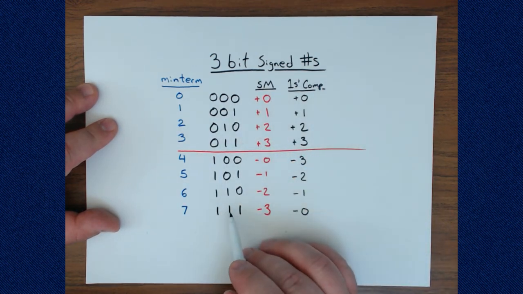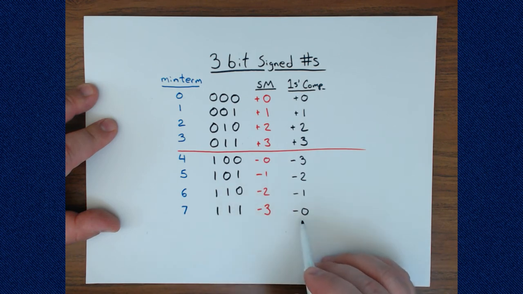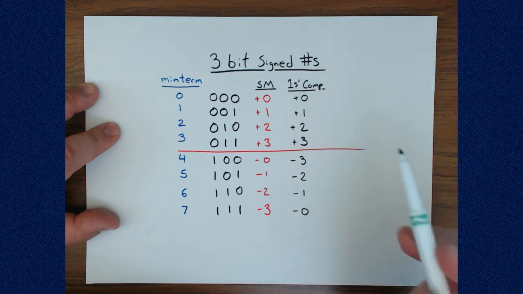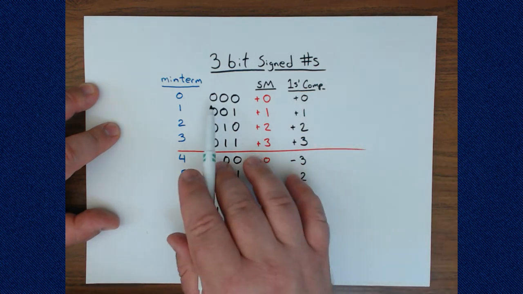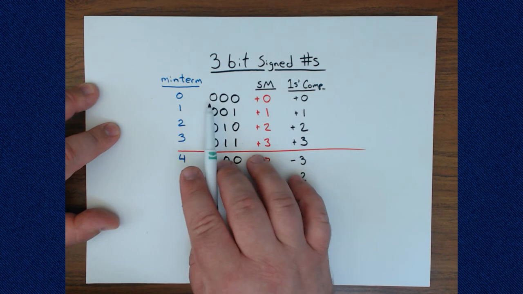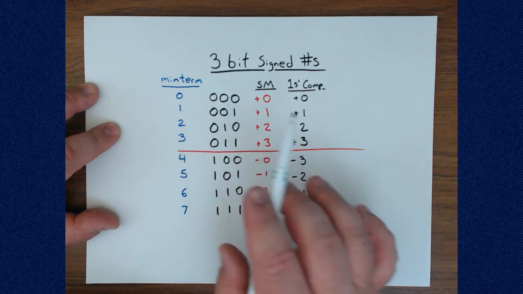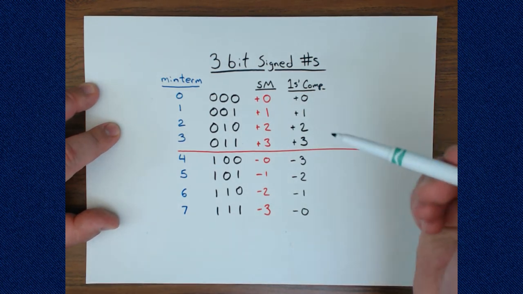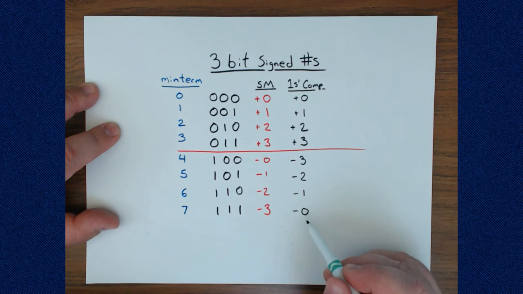The all 1s, that is negative 0 in 1's complement, is a little weird to me, and also negative 0 just conceptually is weird, although mathematicians will tell you that 0 is not positive either. But at the very minimum, the concept of the sign bit and these other bits relating to positive 0 versus negative 0, I think negative 0 is weirder than positive 0. So I want to get rid of this one.